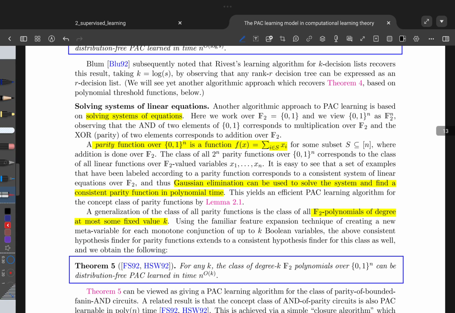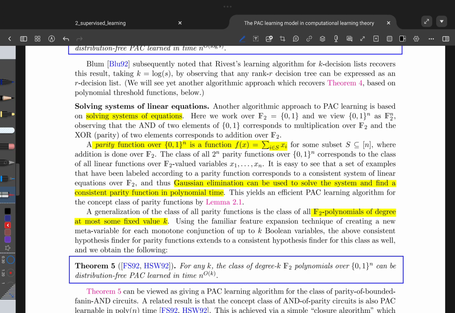So the goal is to see what kind of functions can be PAC learned efficiently, and hopefully to use these to learn even more complicated classes of functions. All right.